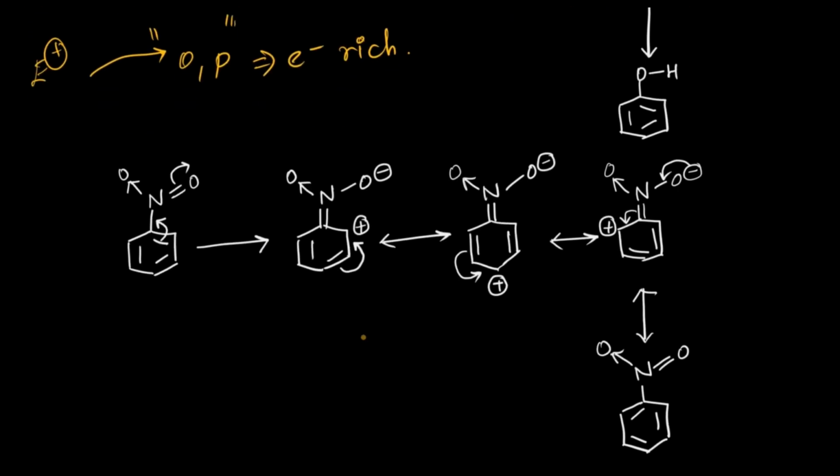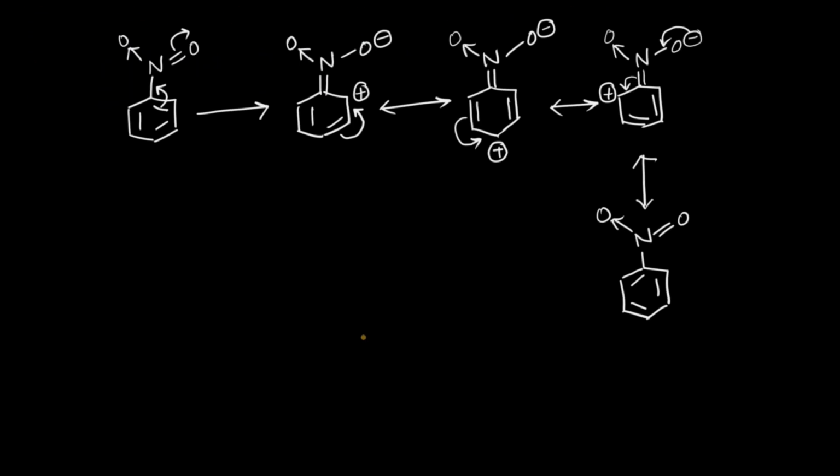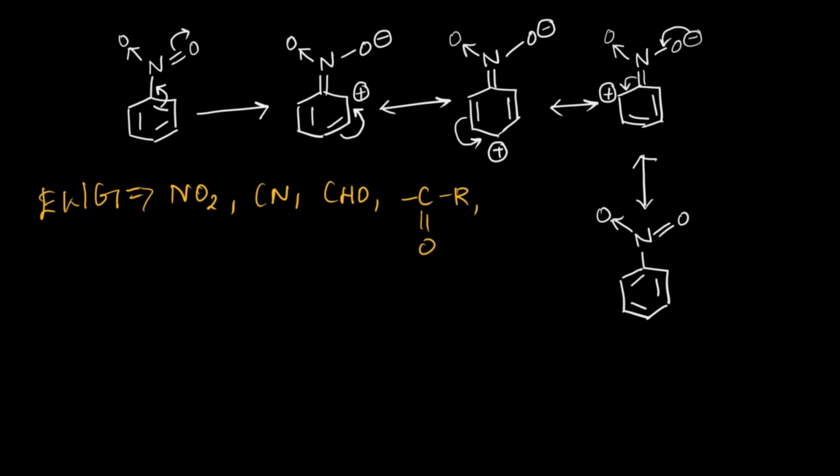What if it has an electron withdrawing group? For example, nitro, cyano, aldehyde, COR, carboxylic acid, COOR, SO3H. These are some electron withdrawing groups.